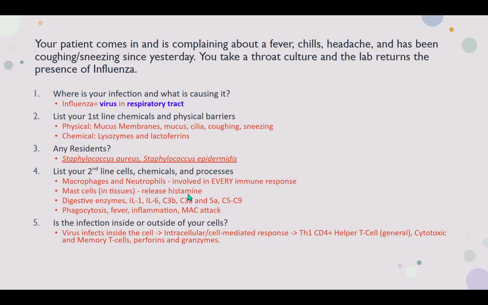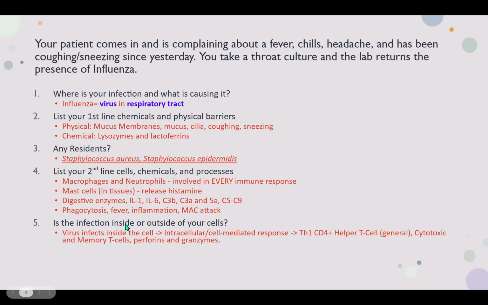And then you also have histamine from the mast cells, and then C3a, C5a, and interleukin 6 involved in inflammation. And that should take you down, let's say 1, 2, 3, 4, 5, so the first 5 blocks of page 9.